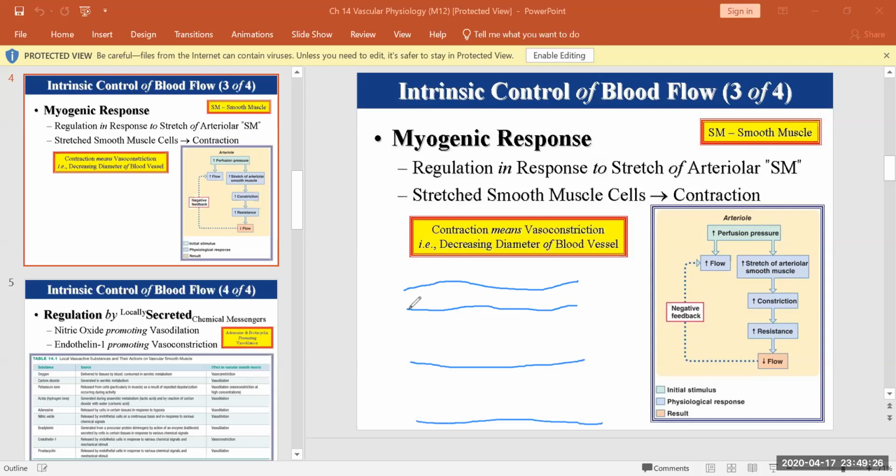Now, blood flows through here, and through here. Those two blood vessels have different diameters. The top blood vessel, the diameter is smaller. And the bottom blood vessel, the diameter obviously is larger, right?